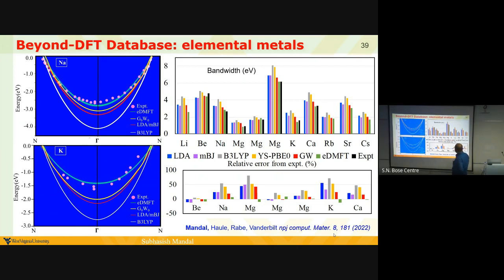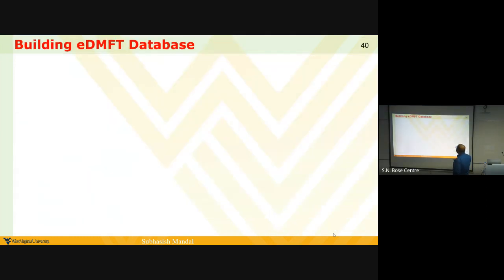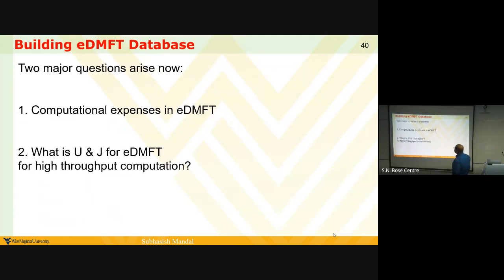And in LDA, the error is close to 50%, in some cases 20 to 30%. GW is within 10%, and GMF is within 5%. The green one is the GMF. It's just for simple metals.